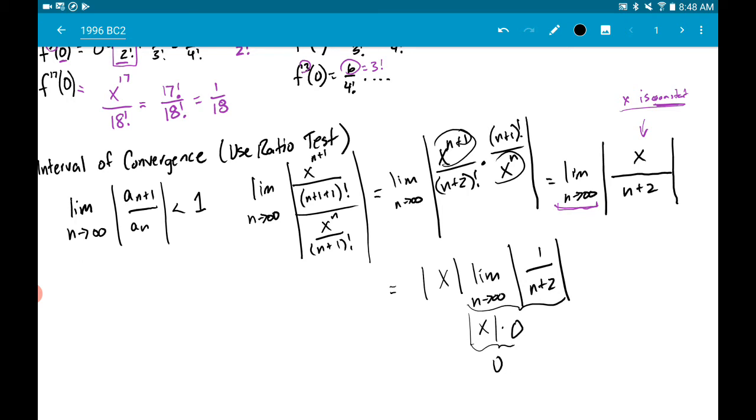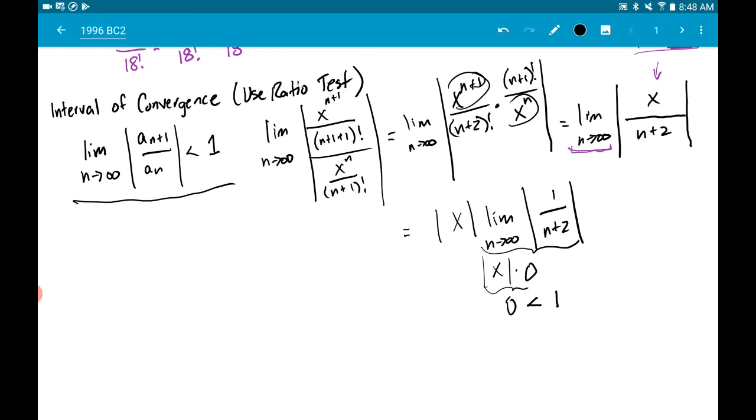And the ratio test over here says that if it's less than 1, and 0 is less than 1, then things converge. This was kind of a unique example because there's no restrictions, because it's always less than 1. I'll try to do another example at some point where it's not always less than 1. But in this case, it's going to converge.